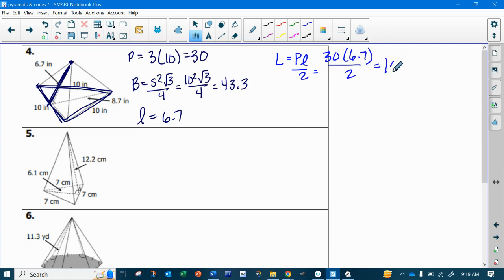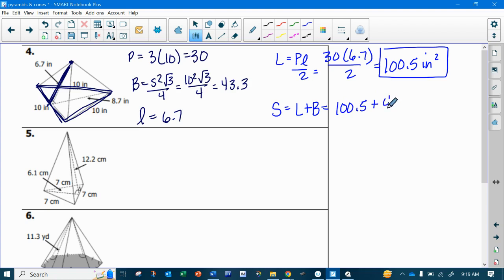It's 100.5, and that would be inches squared. Surface area is the lateral plus the base. So 100.5 plus 43.3 is 143.8 inches squared.